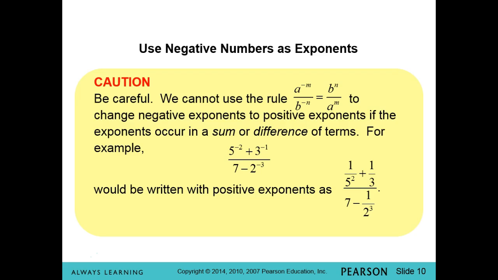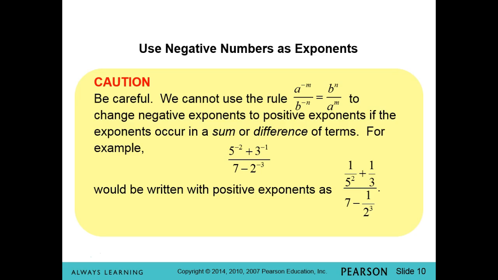Okay, there's the minus here. Okay, not yet. No, you can't do it if it's part of this. That's what they're saying. That's the be careful part. You have to do this just where it is. 7 minus 1 over 2 cubed. You see? Leave that alone. And that's exactly what they have here. 1 over 5 squared plus 1 over 3 divided by 7 minus 1 over 2 cubed.